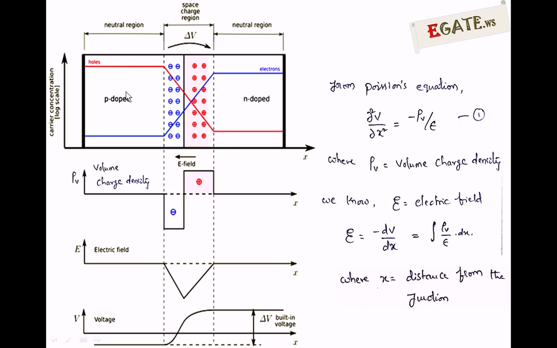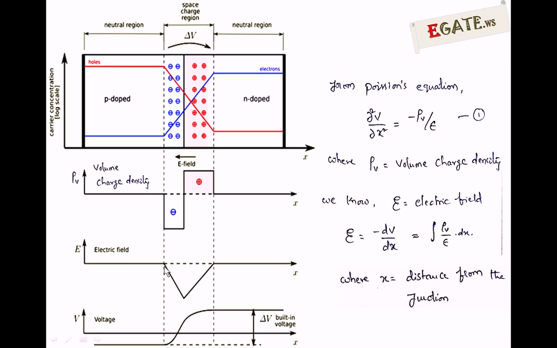Electric field is 0 on the P side and 0 on the N side, because they are neutral regions, and the electric field extends from the left end to the right end of the depletion region. It is going to be of maximum magnitude at the junction. This is very important. At the junction the electric field is maximum, and after that, if you move towards the N side, it again reduces towards 0.